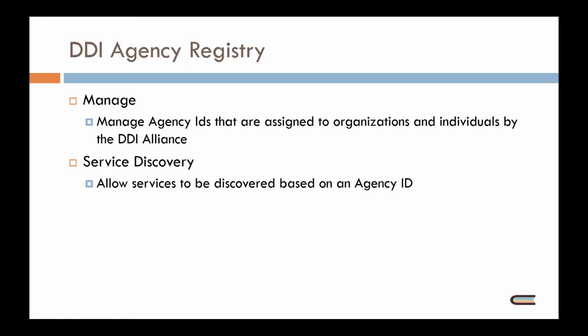If someone comes across a DDI identifier, they can use the agency ID to find different services. It could be REST services, web services, other types of services that that organization or individual has said they are providing for their DDI. So those are the two main goals of the DDI Agency Registry: managing agency ID assignments, and service discovery.